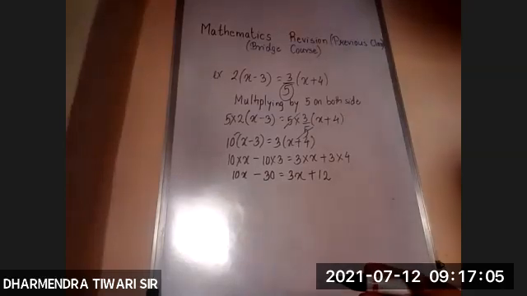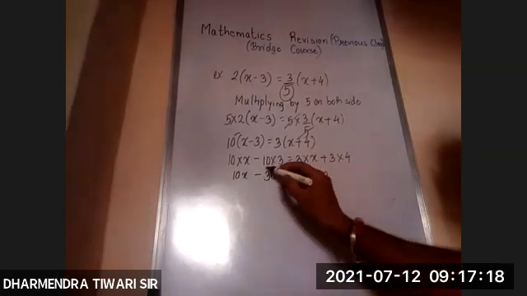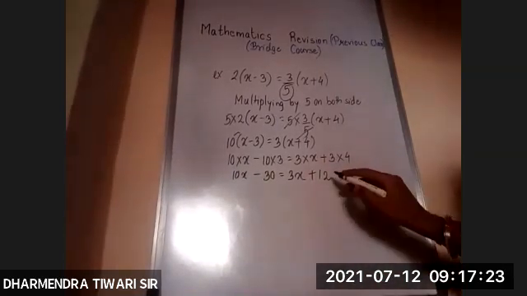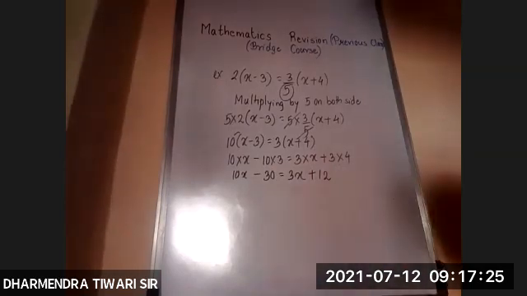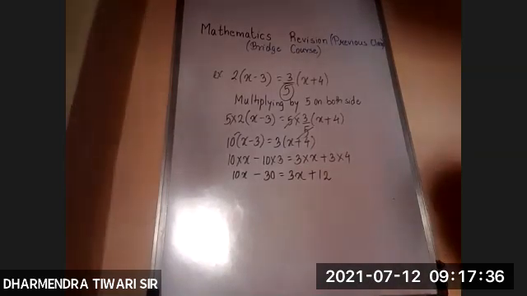Hope the concept is clear. Now we can get rid of the terms. First we will take care of the constants. We can see that minus 30 and here 12 are both constants. They should be taken together. 10x and 3x should be taken together. We can add 30 on both sides.